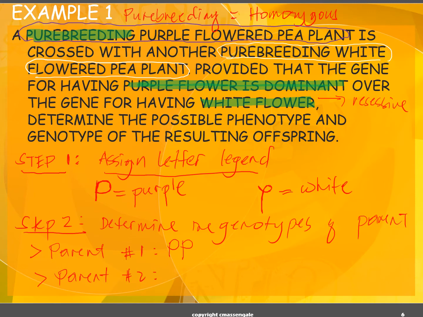And take note that white is our recessive trait. So we will write it as small letter p and small letter p. So that is step number 2. Now we have the genotype of parent number 1, capital P, capital P, and parent number 2 is small p and small p.